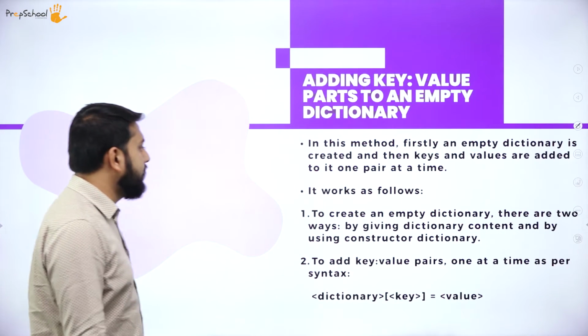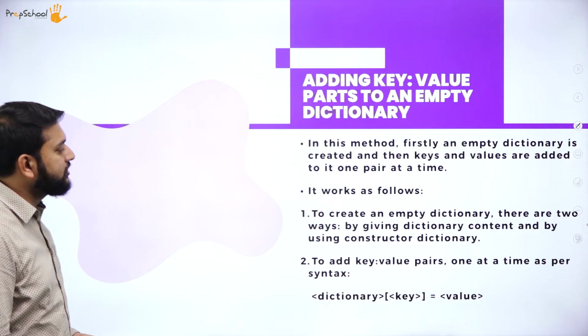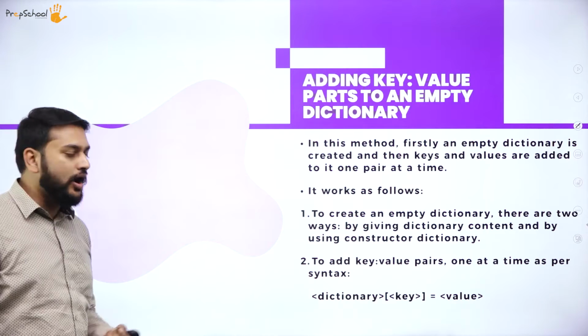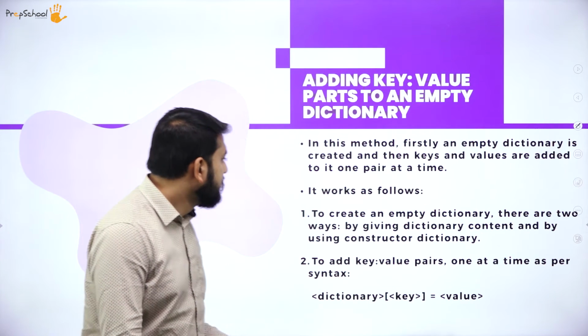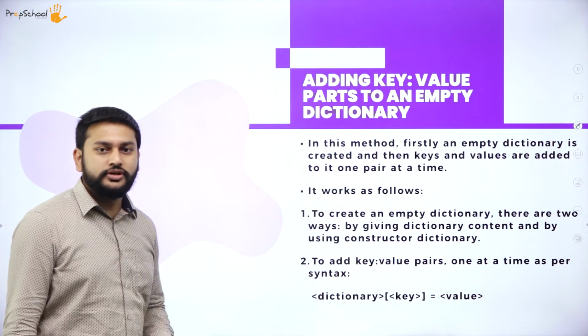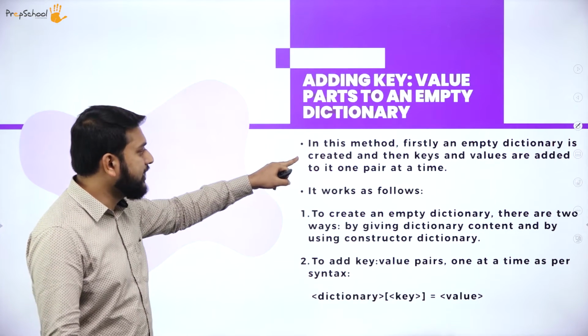Moving on to the next one, adding key value pairs to an empty dictionary. How do I add values to an empty dictionary? The first thing you need to remember is that in this method, firstly an empty dictionary is created.